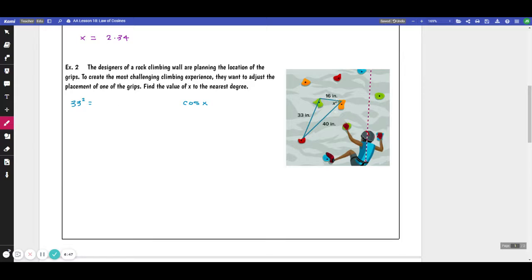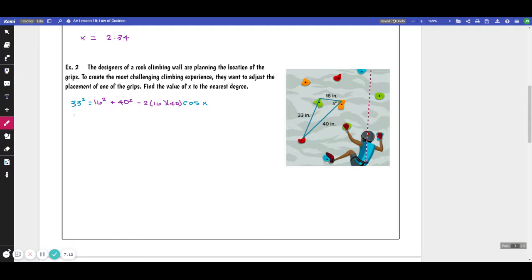So one side squared, it doesn't matter which order you do them in, plus the other side squared, minus 2 times those sides. So on this one, we can't multiply this whole thing out, right? That's not going to work because I don't know x.